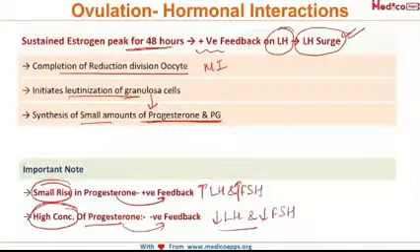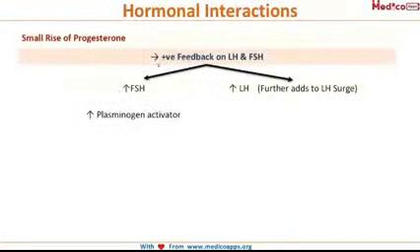So with the LH surge, there is luteinization of the granulosa cells and a small amount of progesterone and prostaglandins are released, and the small rise of progesterone has a positive feedback action on the LH and FSH. Subsequently, the FSH and the LH levels will be increased.